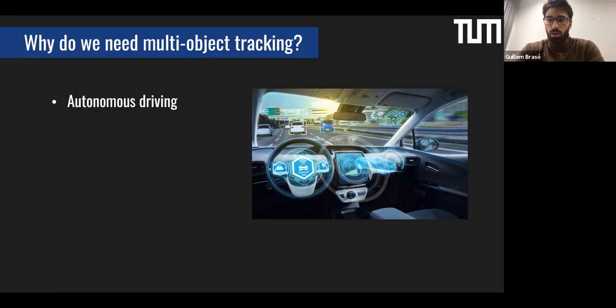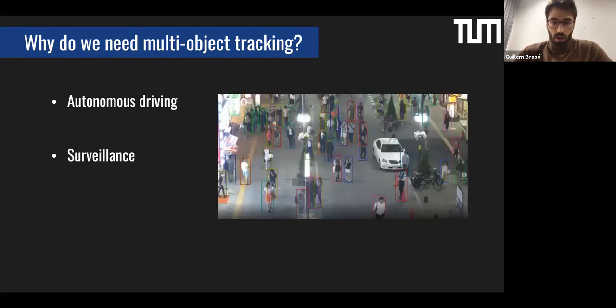So essentially, object detection is probably not enough. We also need to know how objects are moving, because we need to be able to predict their future locations. And for that, you first need to be able to track them in order to plan trajectories.